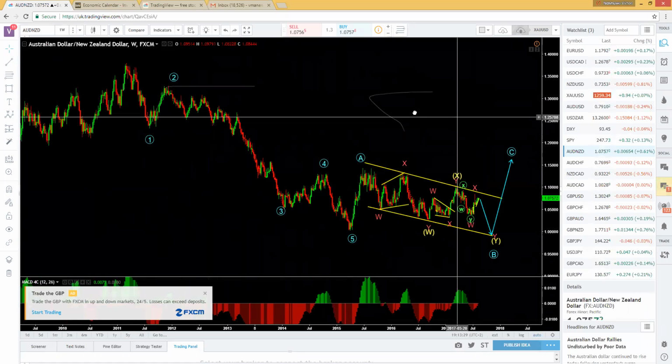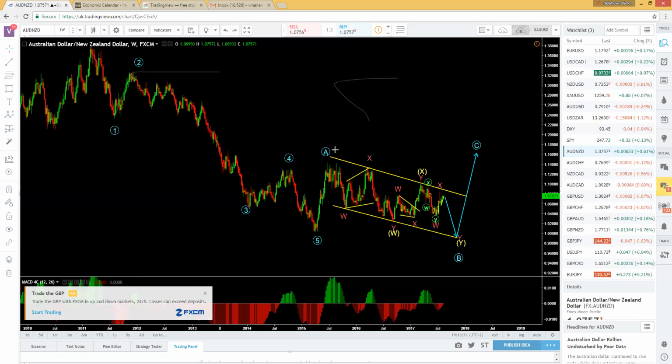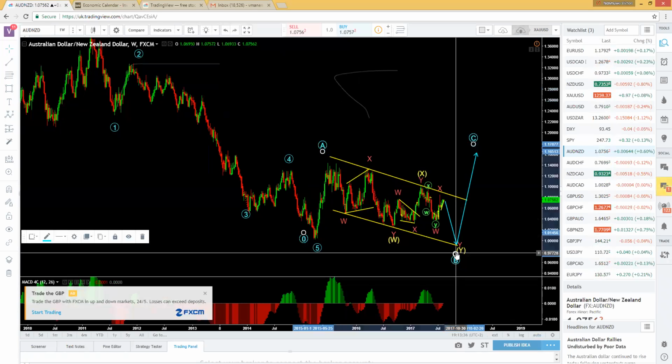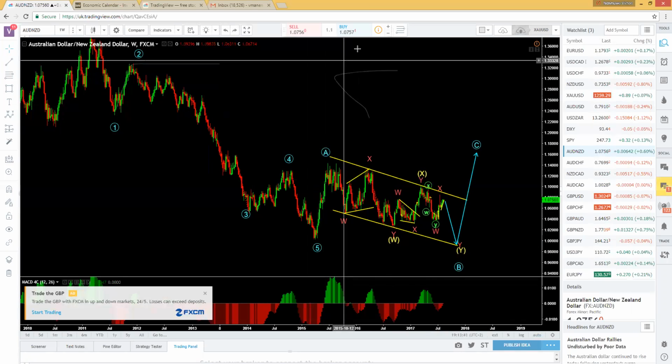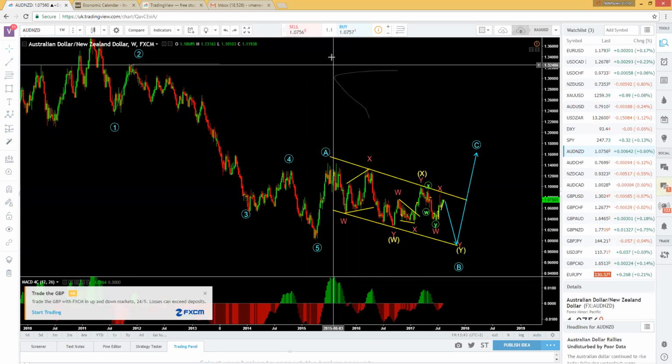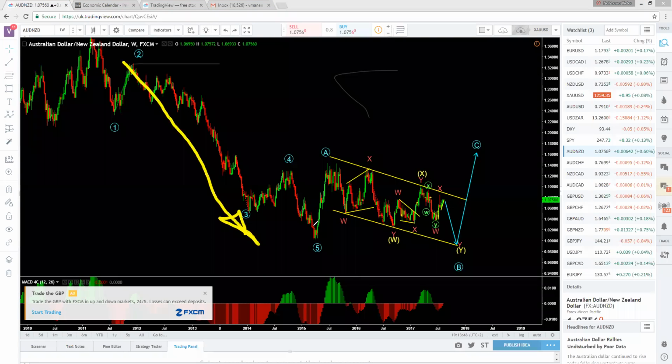After 1, 2, 3, 4, 5, there's a correction A, B, C. But this B is correcting in doubles, like this. So we've got our impulse, and then we've got our A, and then now this B is in double.